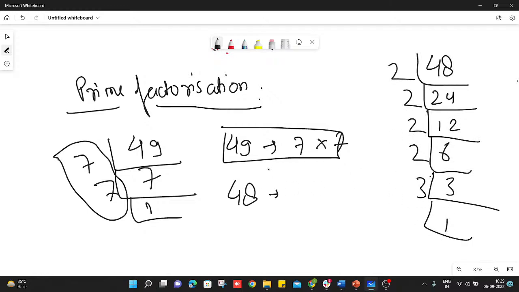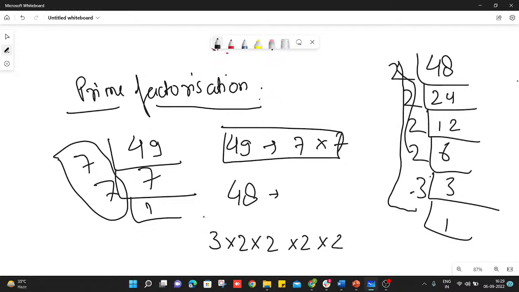So what is the prime factorization? 3 times 2 times 2 times 2 times 2, one 3 and four 2s. So this is the prime factorization of 48. You understand that the prime factorization of 49 was 7 times 7 only, but 48 was 3 times 2 times 2 times 2 times 2. So you have to understand that.